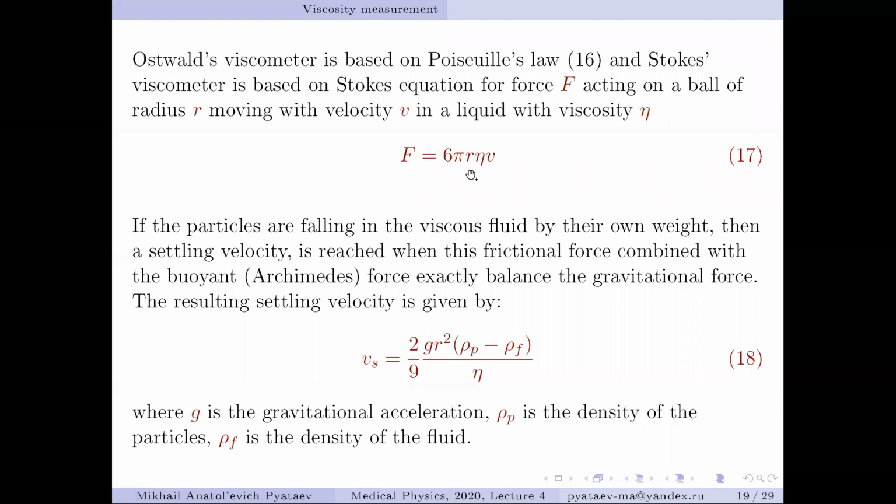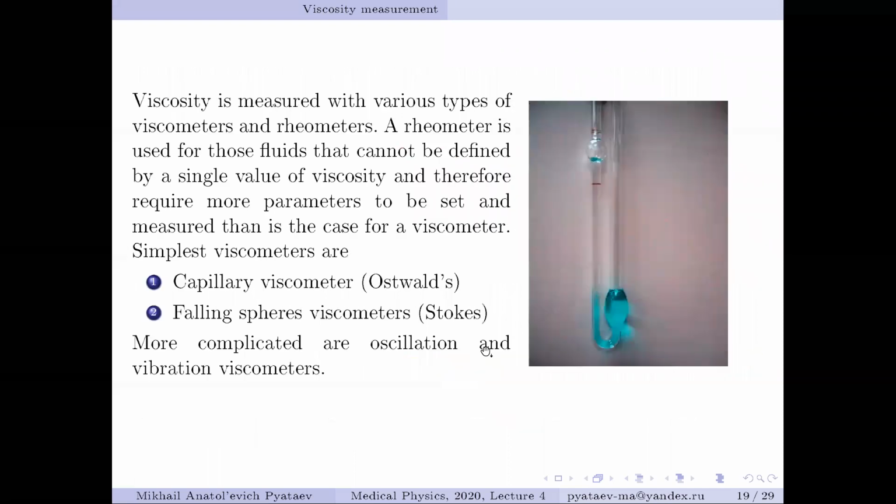It is another way to measure the viscosity, and the equation for the resulting velocity is this one. You can see it is easy to find eta from this equation. It is almost the same, but we should change the places of eta and Vs. Well, it is another exercise in our laboratory.